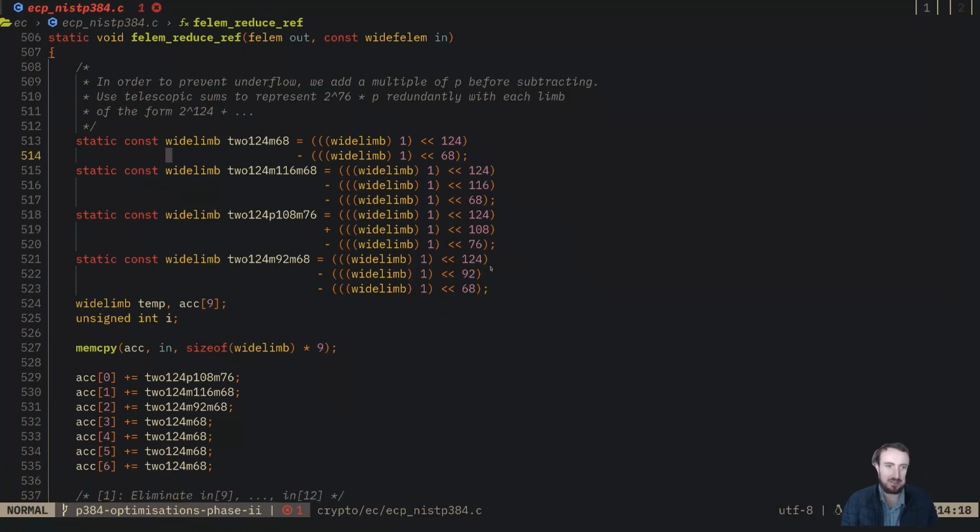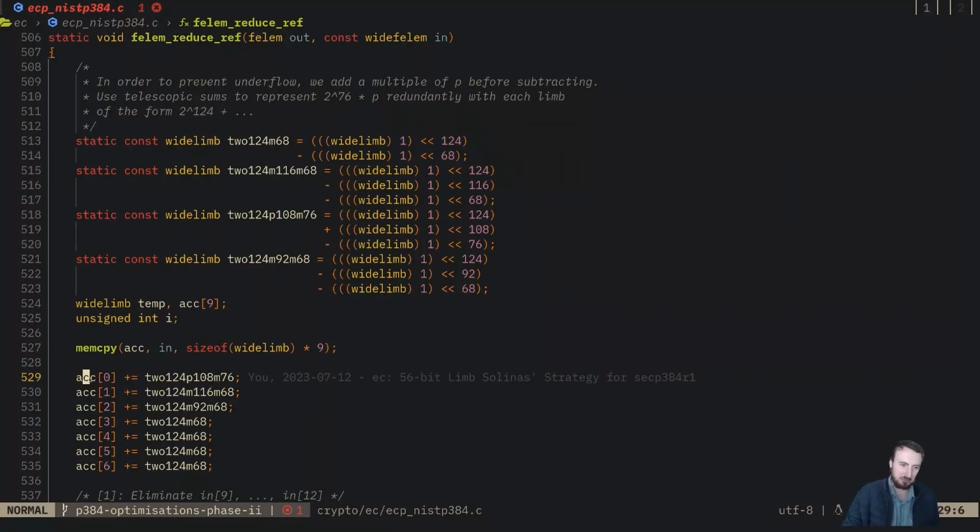The reason why they're here is that this is what's called a telescopic sum. This is a large number whose limbs are all redundant, so they're larger than our radix of 2 to the 56, and they all have large limbs, but they sum in such a way so that a lot of the limbs cancel out.